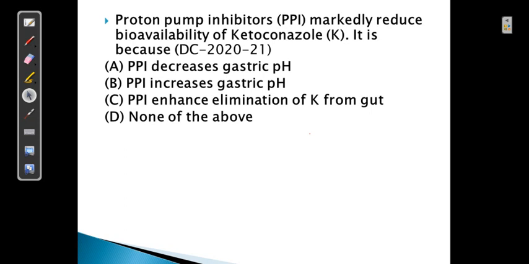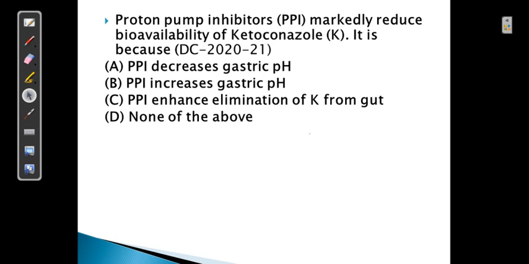Next question: proton pump inhibitors markedly reduce the bioavailability of ketoconazole because option A, PPI decreases the gastric pH, option B, PPI increases the gastric pH, option C, PPI enhances the elimination of ketoconazole from the gut, and option D, none of the above.